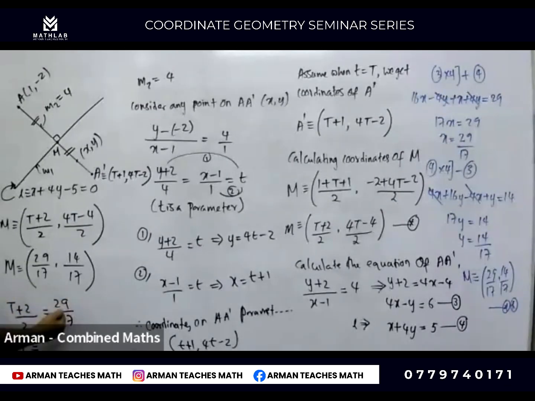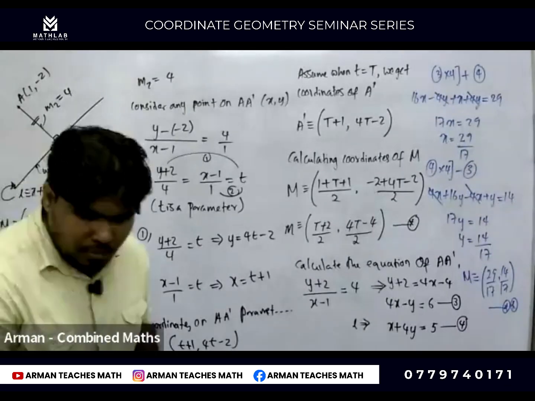Take plus 2 to the other side, minus 2. So 58 over 17 minus 2. If you take a common denominator 17, 17 times 2 is 34, 34 over 17. So finally you get 58 minus 34 over 17.